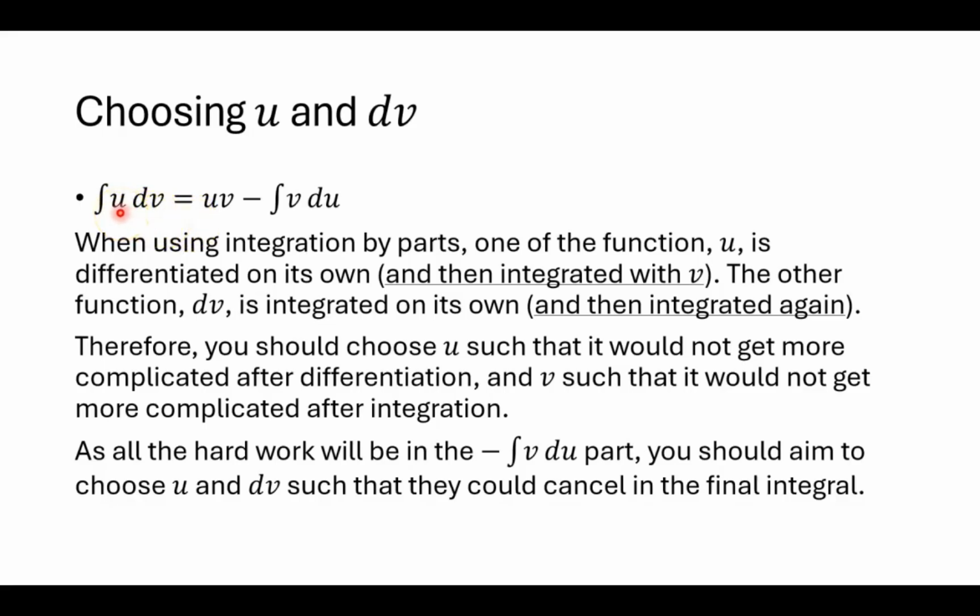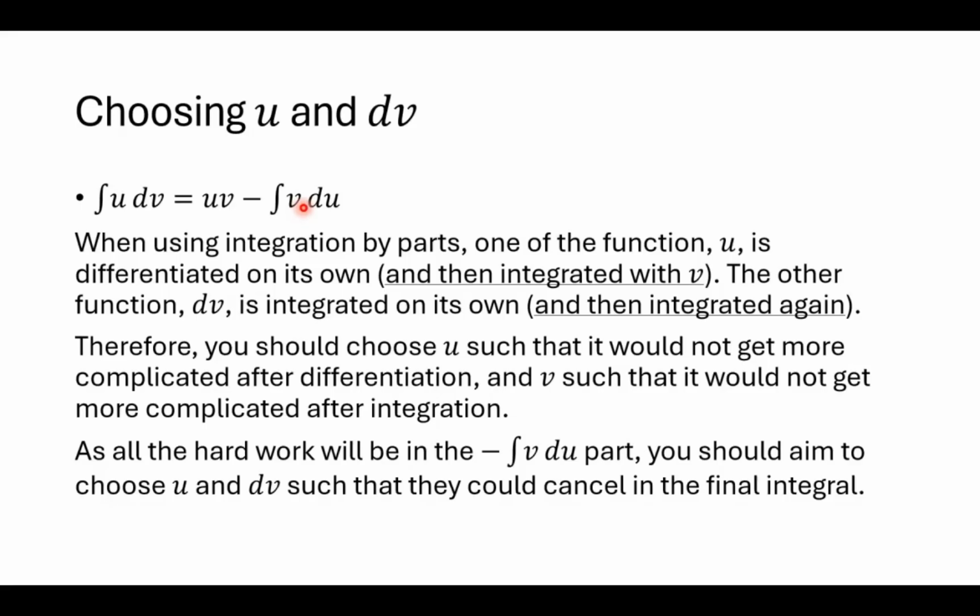The first one, u, will be differentiated first. It will become du here, and then be integrated with v. And the other function, dv, will be integrated on its own, so it will become v here, and then be integrated again with du. Therefore, you should choose u such that it will not get more complicated after differentiation, because you need to integrate it with v again, and v such that it will not get more complicated after integration, because you need to integrate it twice.